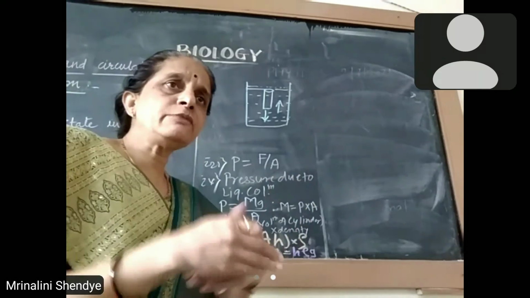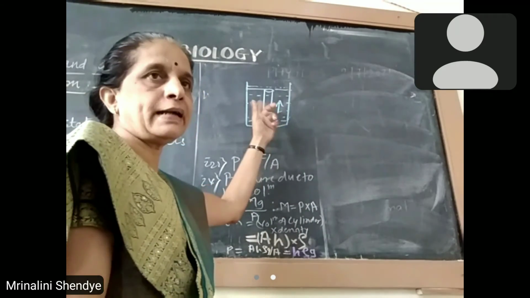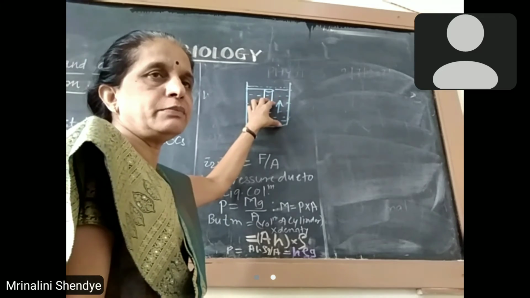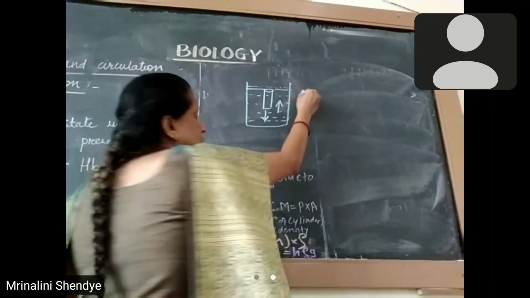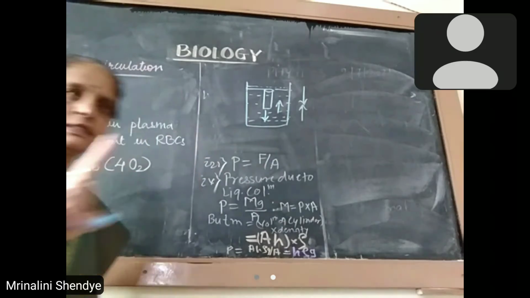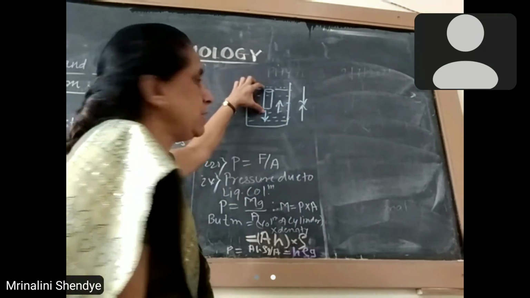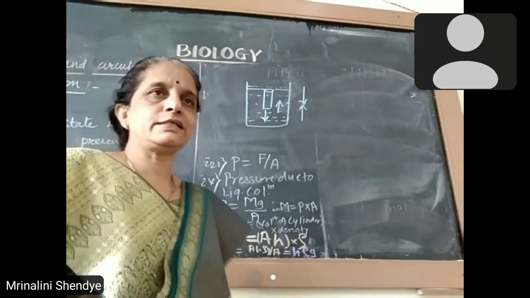When both forces, the downward force and the upward force, are of equal magnitude, then the body will attain a velocity.